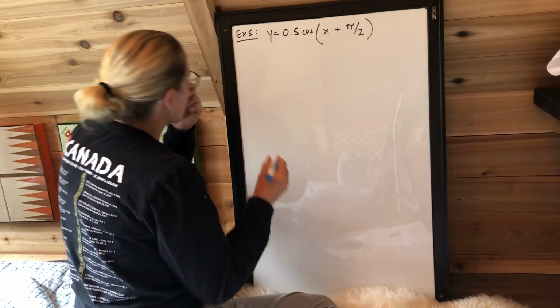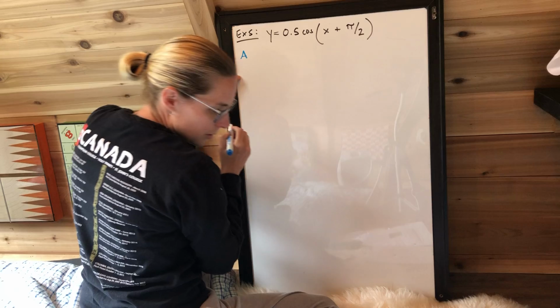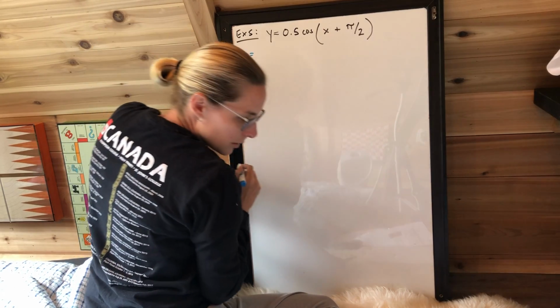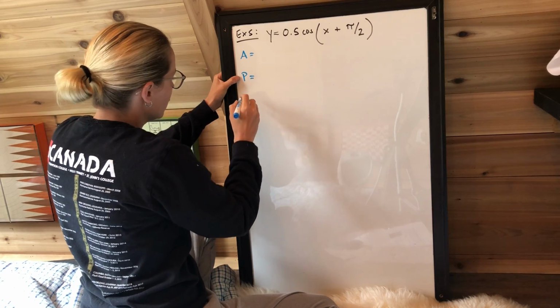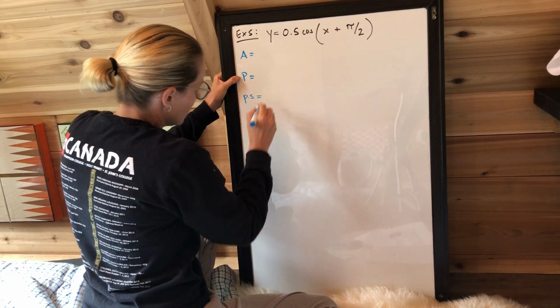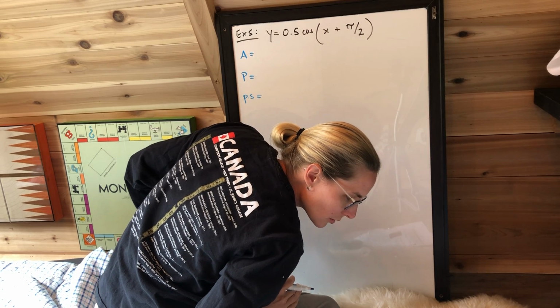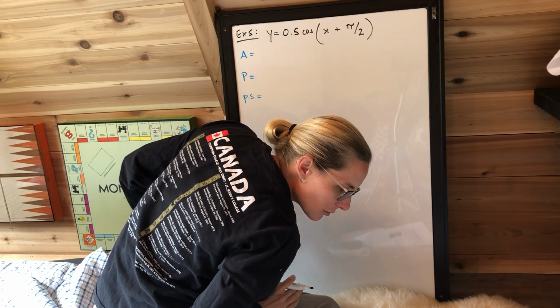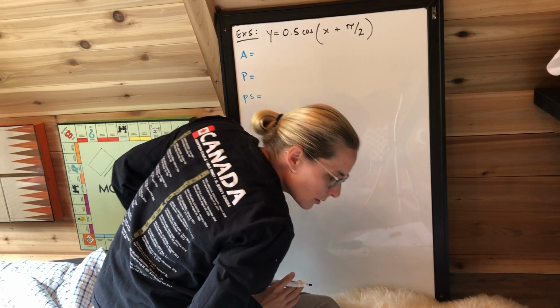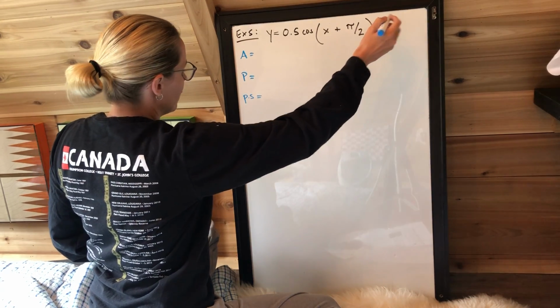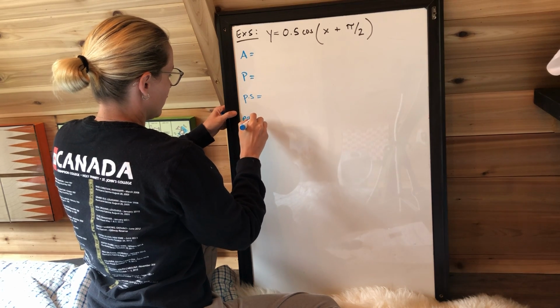So they want you to list what is the amplitude, what is the period, what is the phase shift, and an equation of the axis. Equation of the axis is just your d value, but since we have a, it's fine.